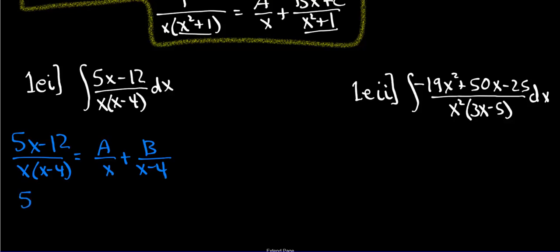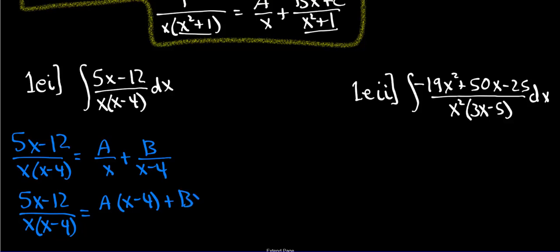So I've got 5x minus 12 over x times x minus 4 equal to a times x minus 4, just building up my denominators. The a over x, the common denominator was x times x minus 4, so I needed an x minus 4 down there. So I multiply the top and the bottom by x minus 4. I needed an x over here, so I multiply the top and the bottom by x.